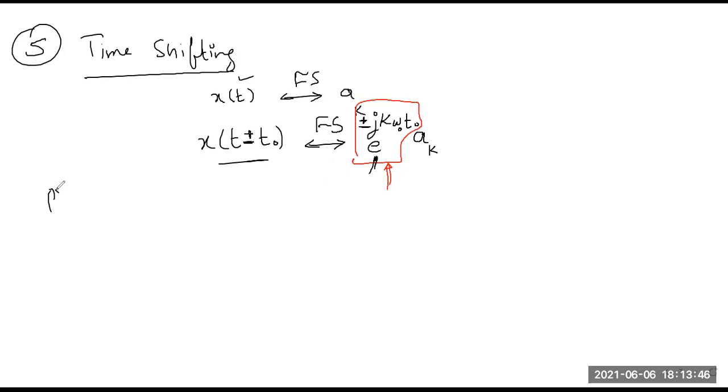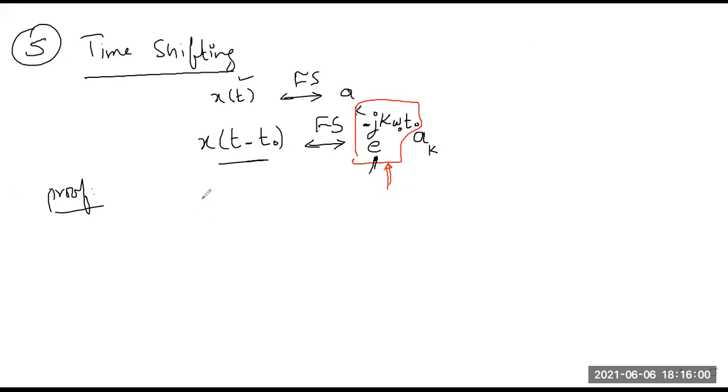Now, what is the proof of this property? So let's find out what is the Fourier coefficient of this. I am going to go back to the equation that I want to prove. I want to prove this result. And once you understand this, you can easily prove this for x of t plus t naught.